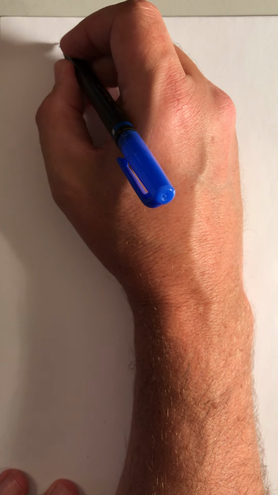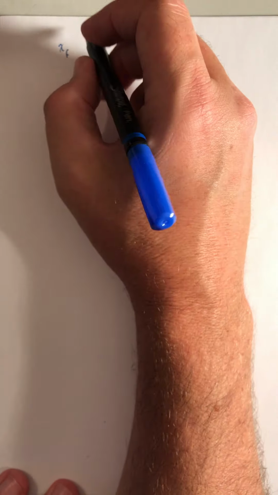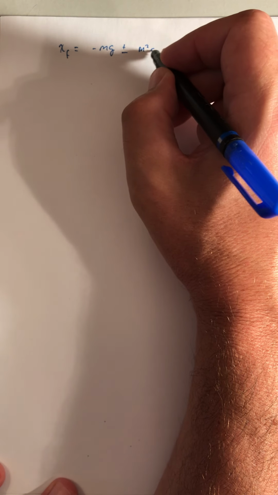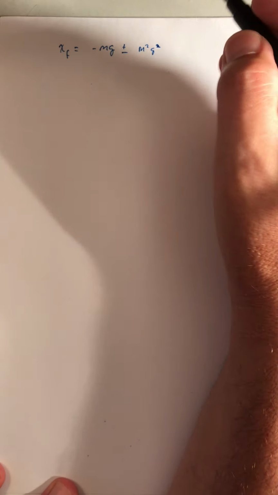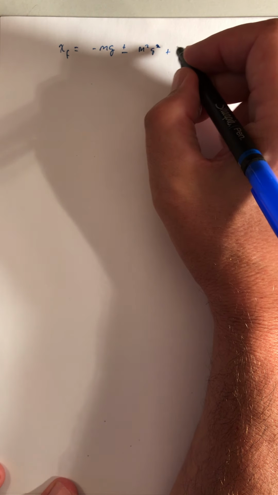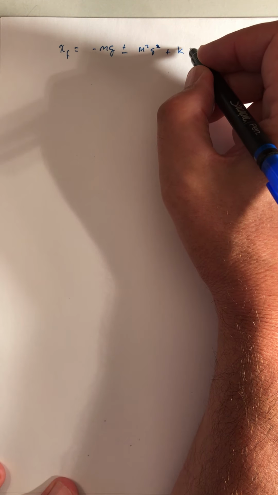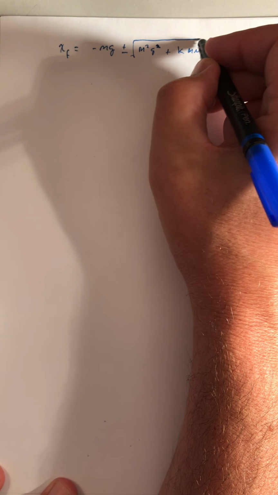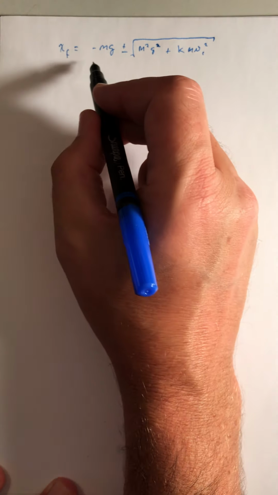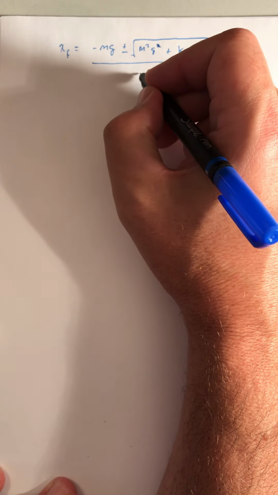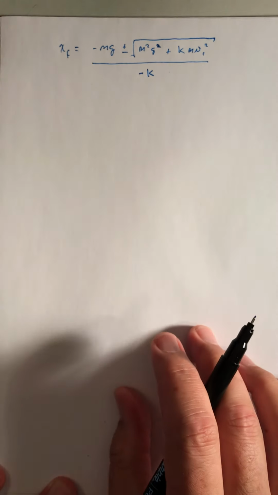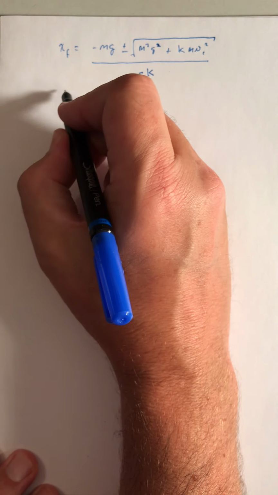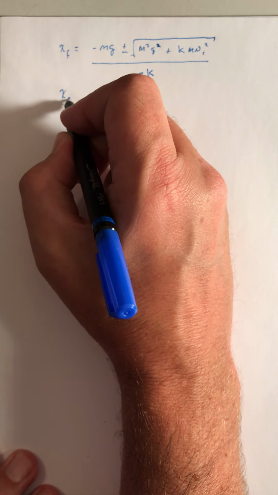I've got x final equal to minus mg plus minus the square root of m squared g squared plus k m v initial squared, and in the denominator that resolves itself to a minus k. Clean it up a little bit more.